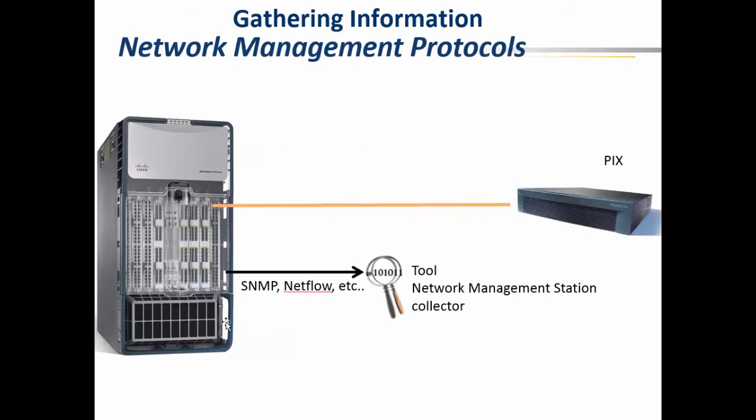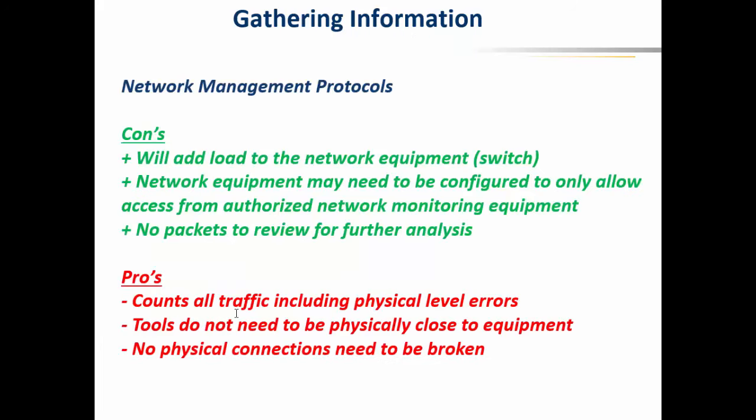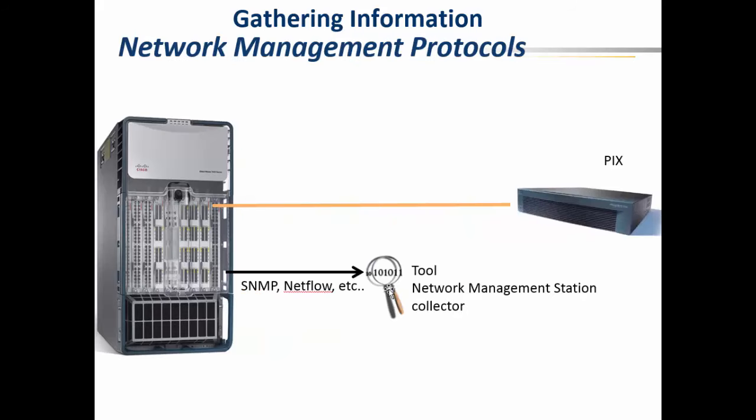If you want to make sure nobody else gets this information or pulls the device, then you have to worry about passwords or access lists or filters and that sort of thing from a security standpoint, of course. No packets to review for further analysis. So if you saw something strange, a device talking to a device, and you wanted more information other than what was being reported, chances are you're not going to get it. You're going to have to capture packets, and if it's after the fact, then you just plain missed it.